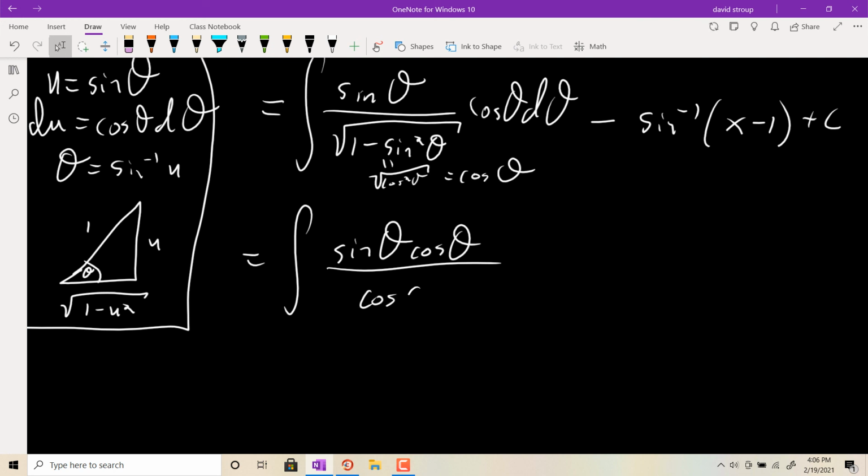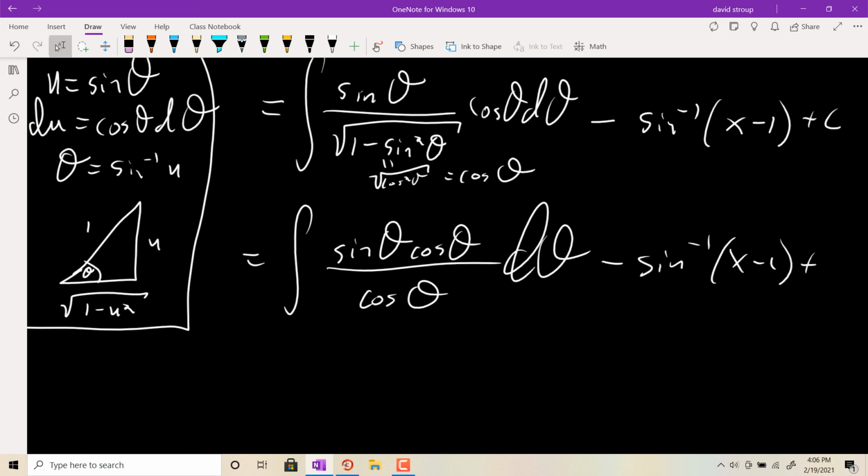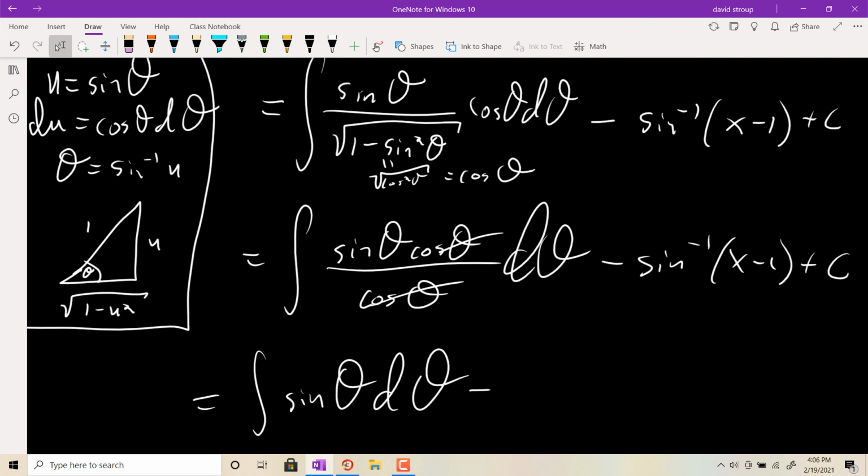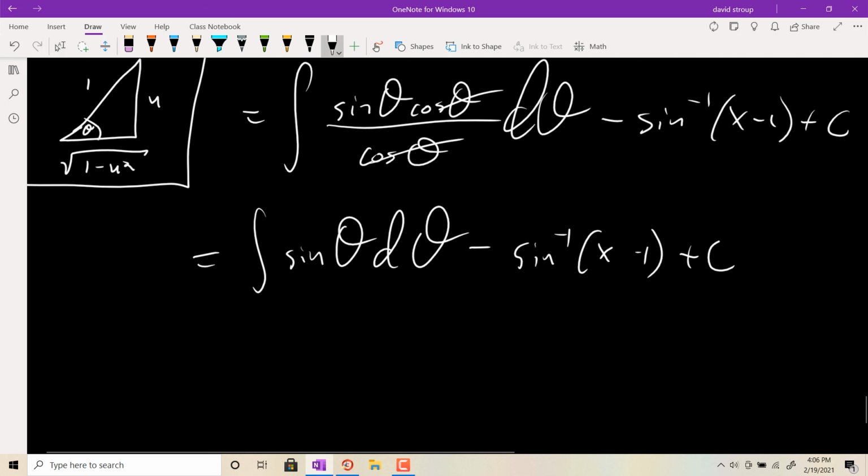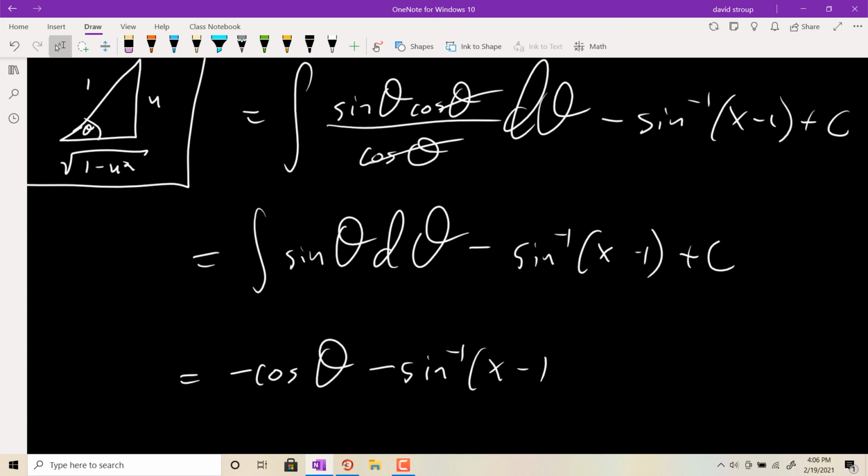So you get cosine theta in the bottom, d theta minus sine inverse of x minus 1 plus c. Cosines say goodbye. You have the integral of sine theta d theta minus sine inverse of x minus 1 plus c. Then the integral of sine is negative cosine theta minus sine inverse of x minus 1 plus c.